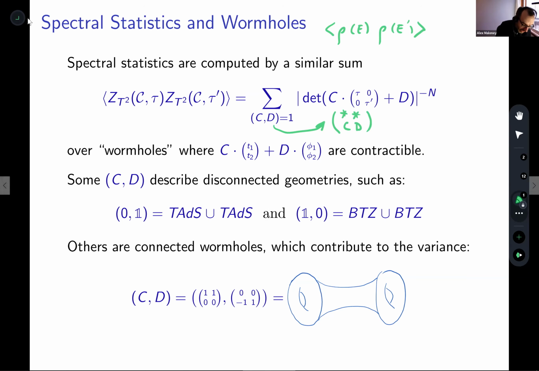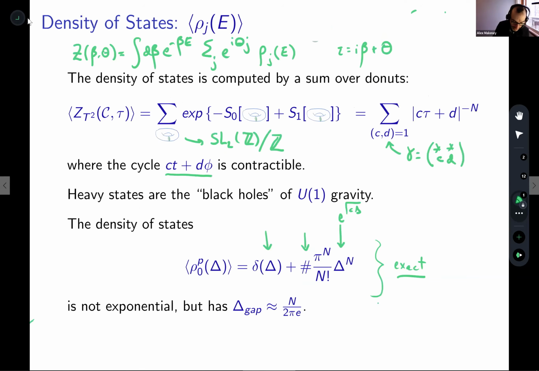And just as on the previous slide, I think about this as a gravitational path integral, where I have a sum over geometries whose boundary is a pair of tori. On the previous slide my boundary was a single torus, and my choice of C and D labeled which cycles are contractible.